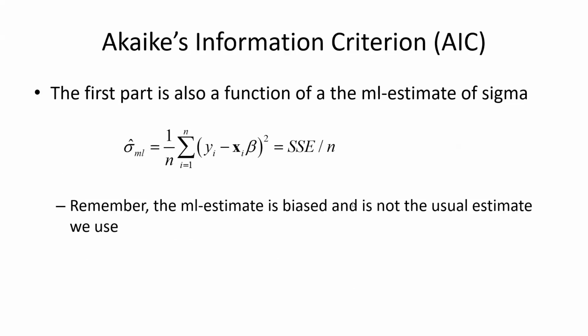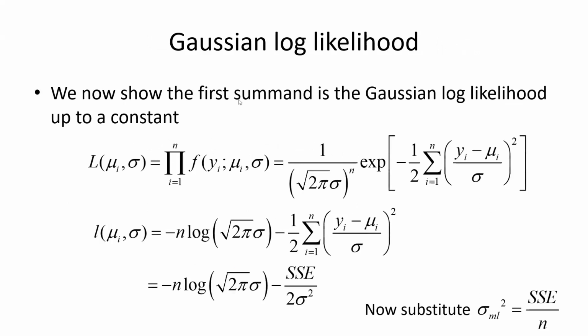Okay, so here is the Gaussian likelihood. So the product of the densities, going through there as usual. And then at this point, I'm realizing that y_i minus mu_i is just the sum of squares error.